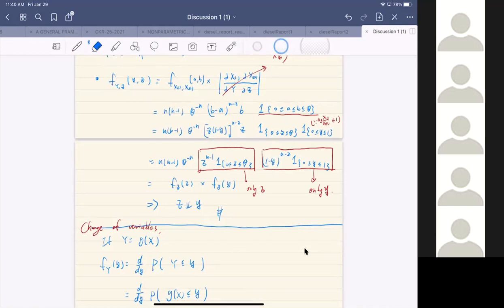The joint density is equal to some function g of z multiplied by some function h of y.